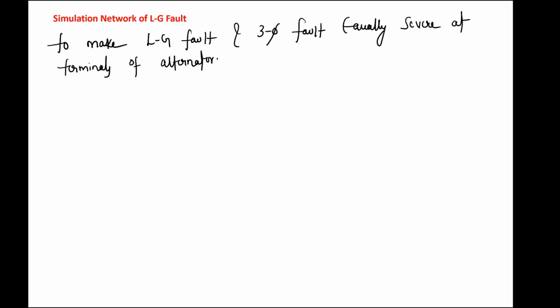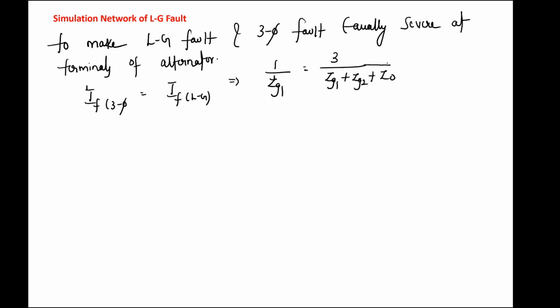That means I have to equate both fault currents. I have to make IF 3-phase equal to the fault current of the LG fault, which implies 1 divided by ZG1 should equal 3 divided by ZG1 plus ZG2 plus Z0.